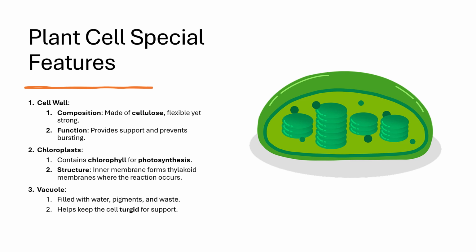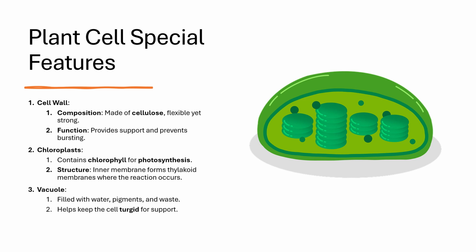The inner membrane forms thylakoid membranes where reactions involved in the creation of their own food, or photosynthesis, take place. And when you look at most structures in biology, they are efficient. They try to maximize surface area. So just take a look at this. Take a look at the thylakoid membranes and have a think about why they might be created in this way.